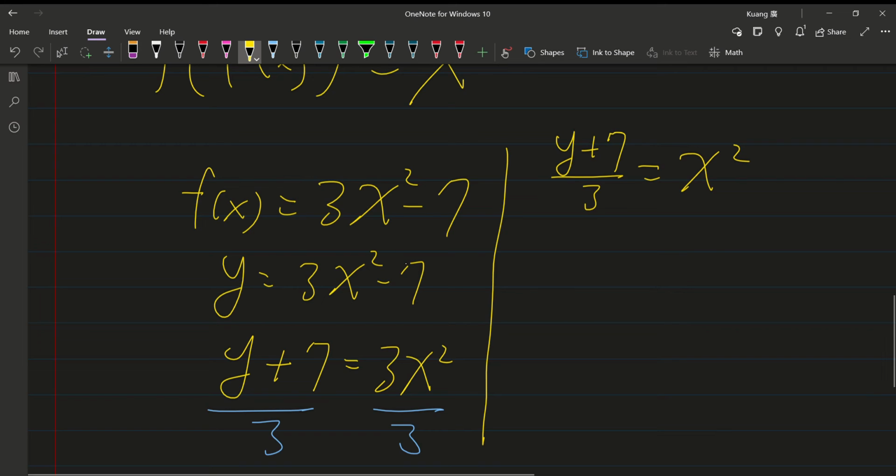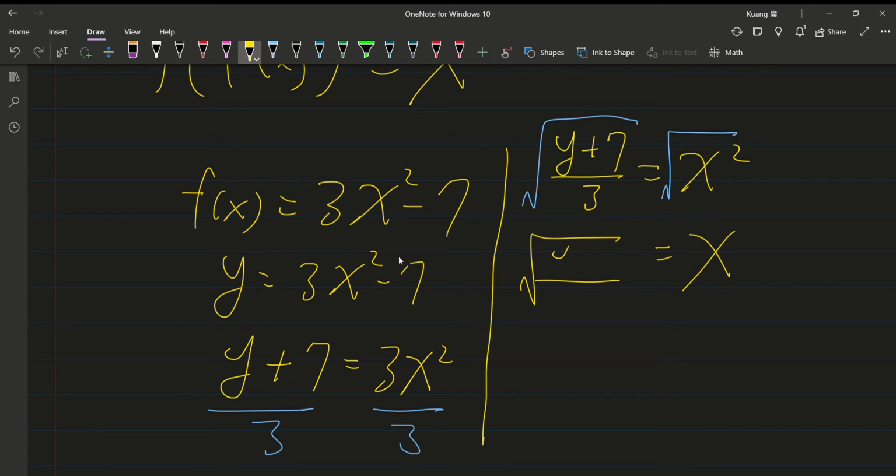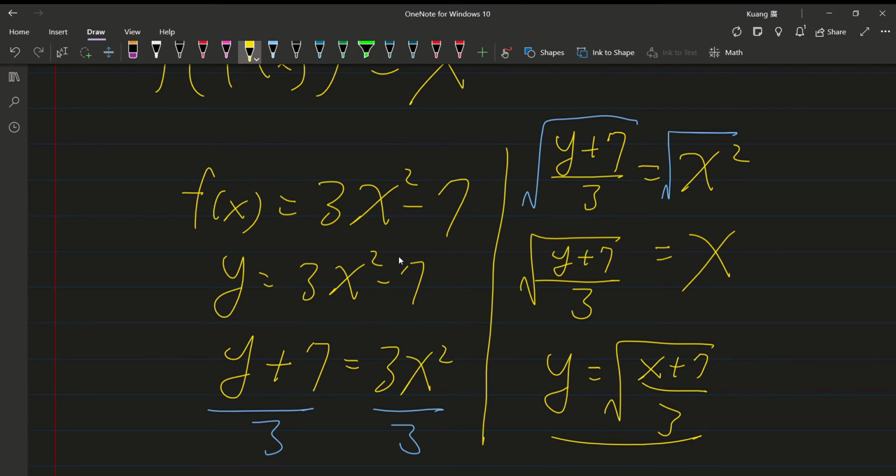The key step here is to take the square root of both sides of the equation. If you take the square root of x squared, it becomes x. And the last step, you switch x and y. So y equals the square root of x plus 7 over 3. This is the final inverse function.